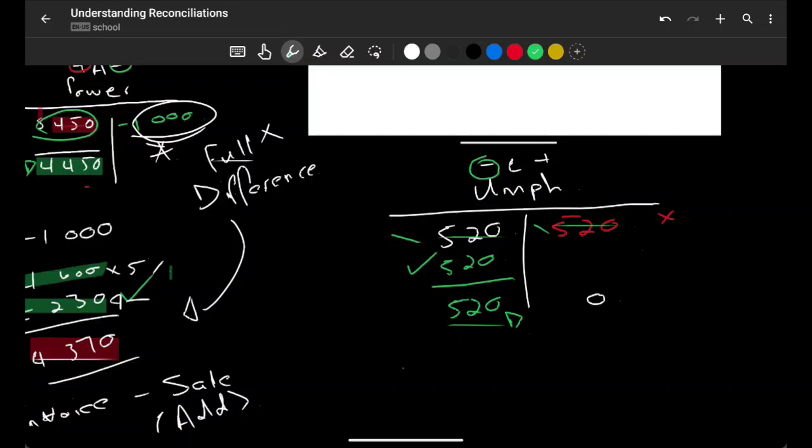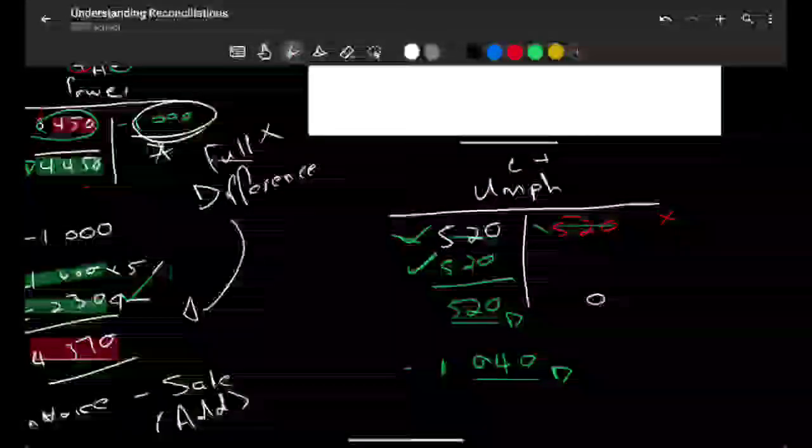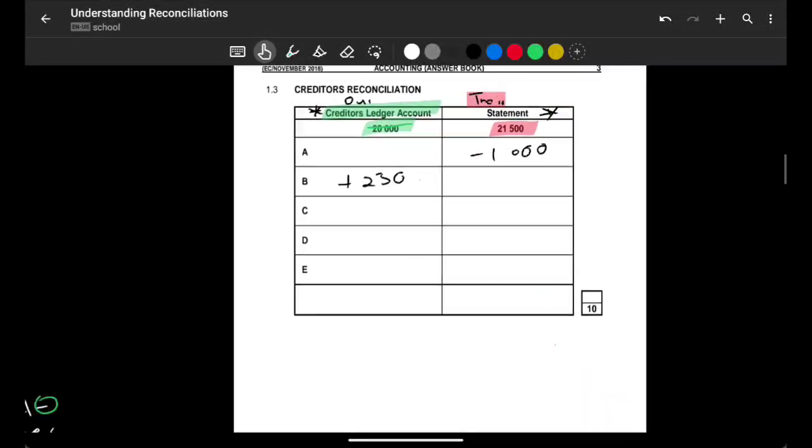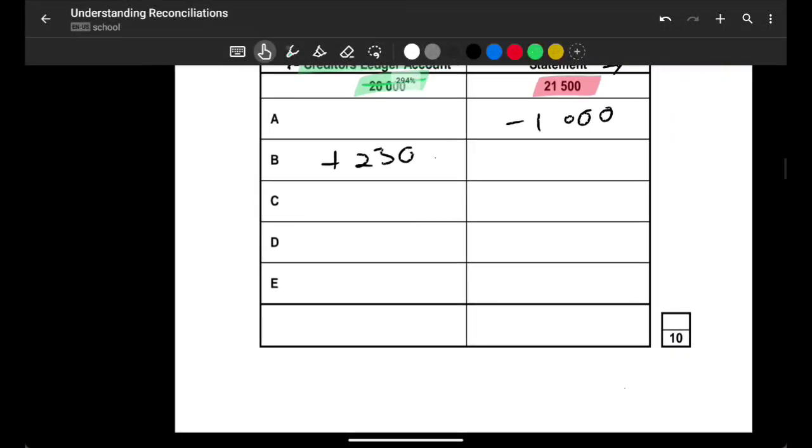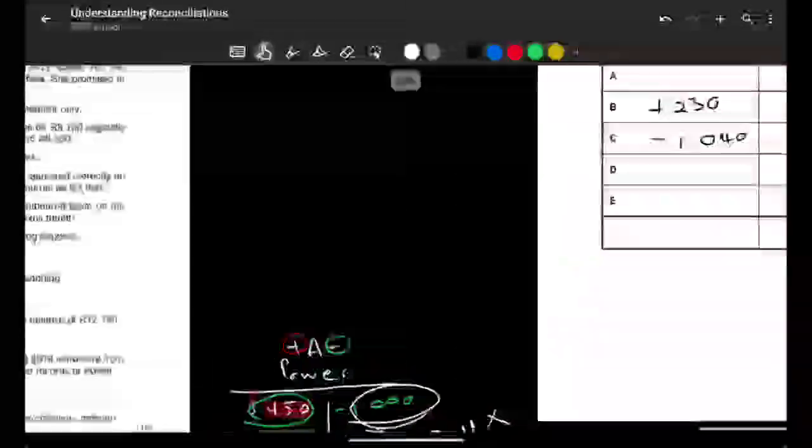We subtracted a total of 1040. 520 times 2, right? That plus that is going to give us 1040, and we subtracted it there, right? So come to our question C there, and then say negative 1040, right?